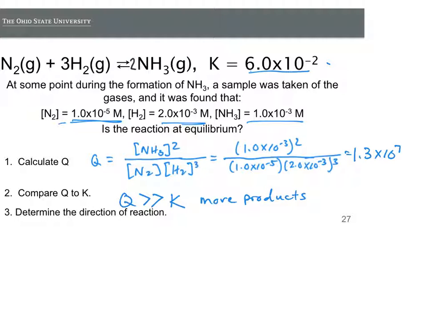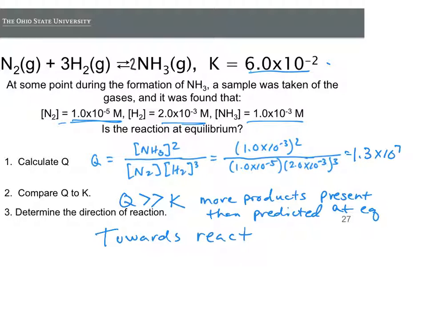So if that's the case, which way should the reaction proceed? There's more products present than predicted at equilibrium, so we're going to go towards the reactant side, right? The reaction needs to proceed towards the reactants to reach equilibrium.